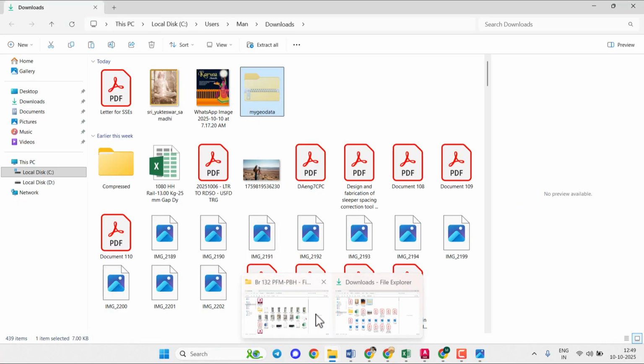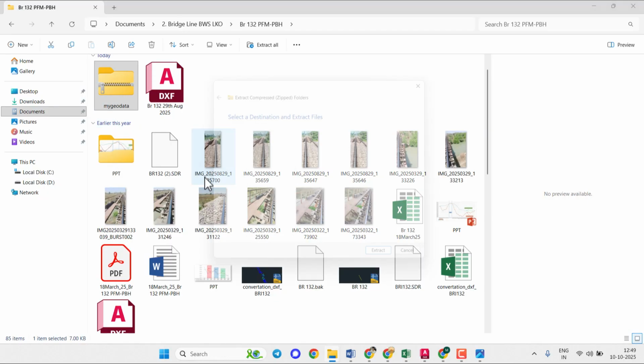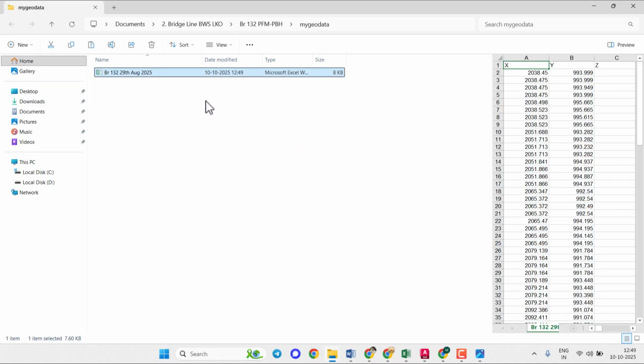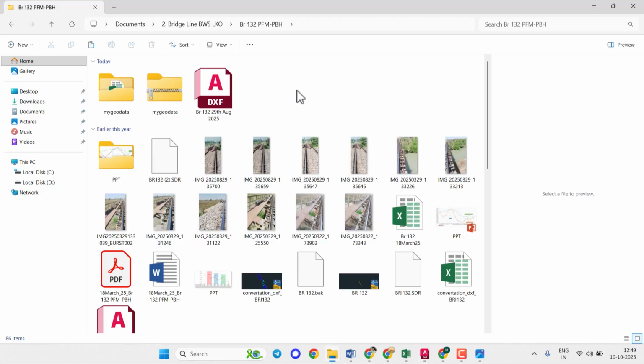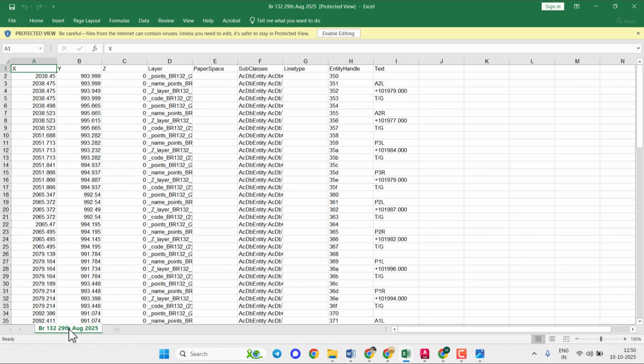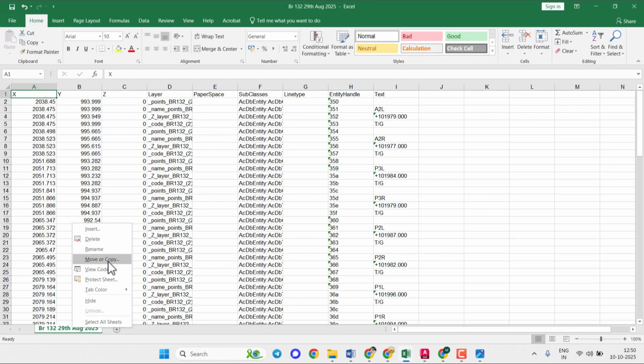So we have got this level data. Now we will extract all. Control X. The thing is, this actually needs to be opened. It already had a date. We just need to copy it.